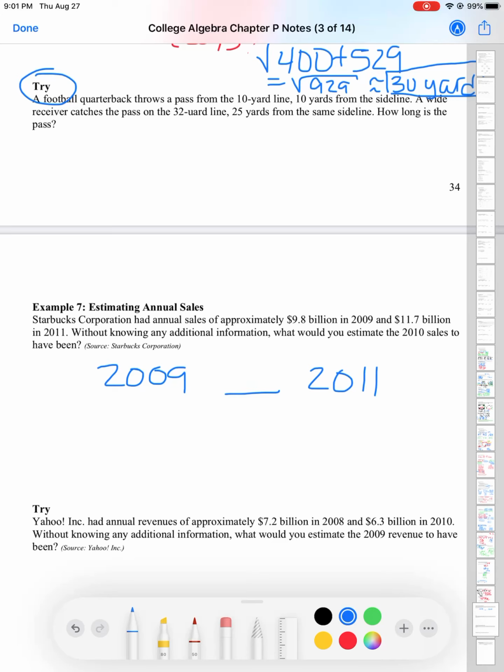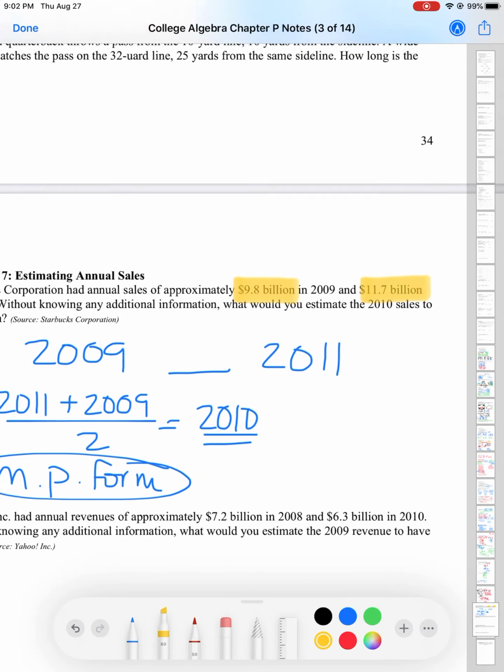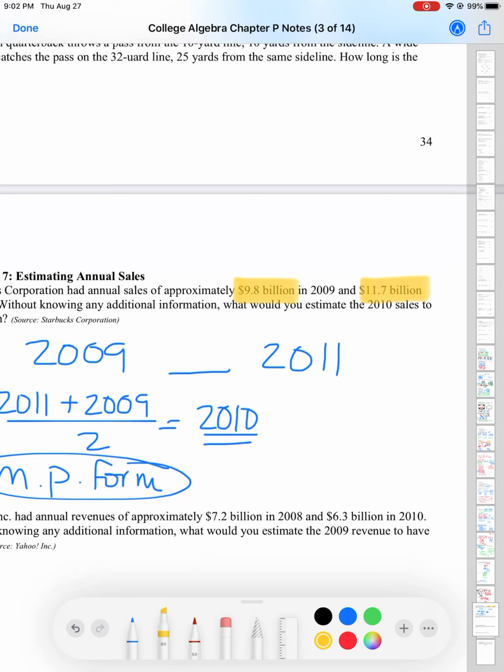So, if we averaged 2009 and 2011, we would have gotten 2010. Kind of like our midpoint formula. So, if I average the 9.8 billion and the 11.7 billion, with the information I'm given, I should get the approximate answer that I'm looking for.